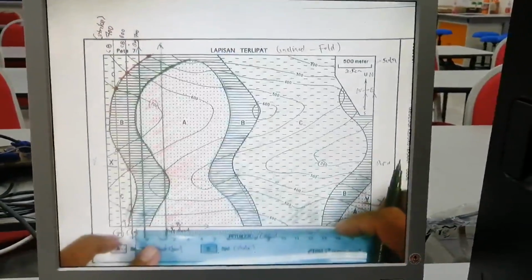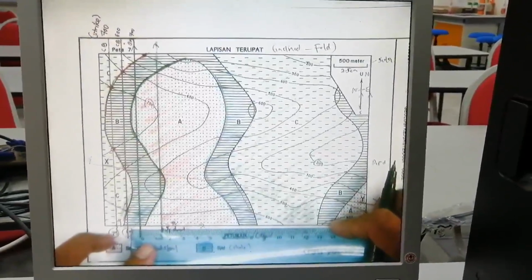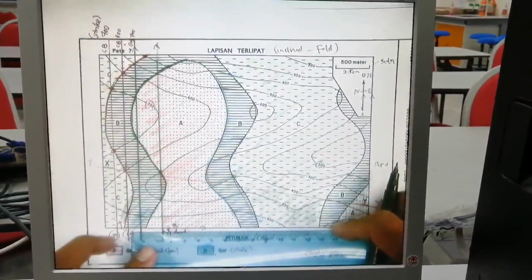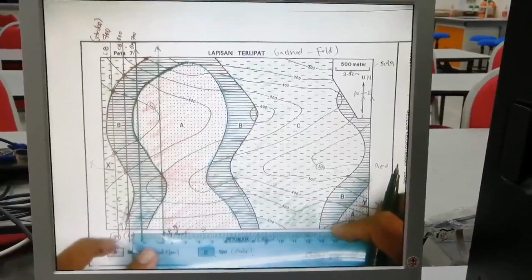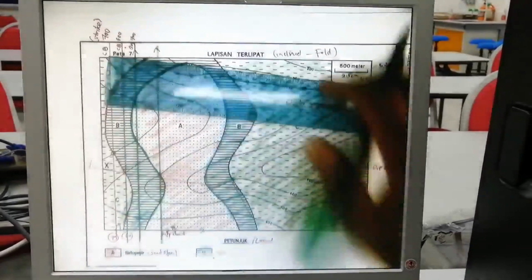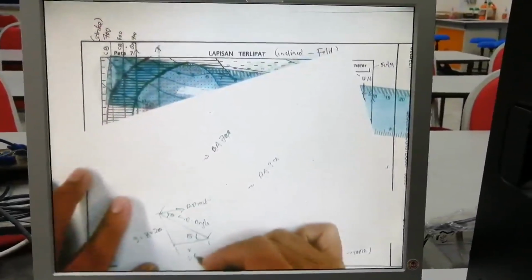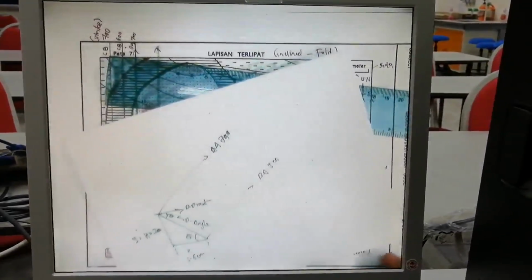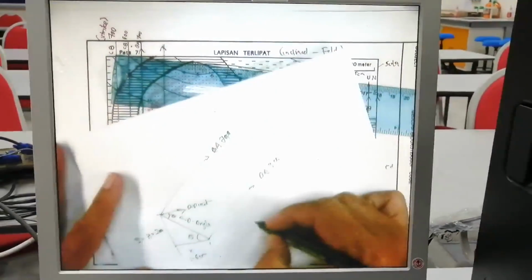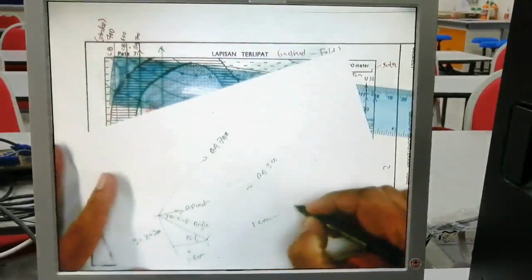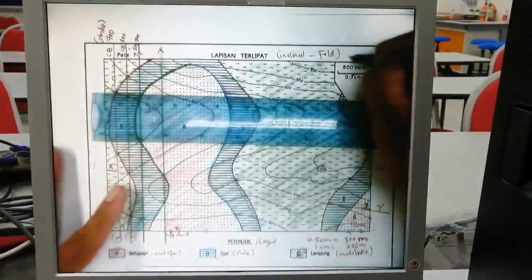For example, here we got 1.6 centimeter. We know that 1 centimeter is equivalent to 200 meter, as stated in our scale here.